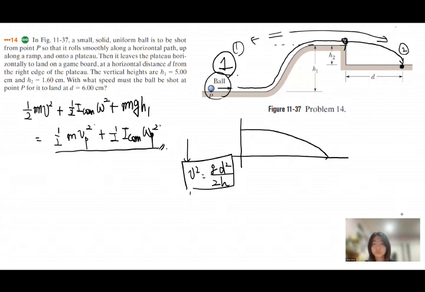So the travel distance from the starting point to the landing spot is parameterized with the initial velocity v in the horizontal direction. Because while this object has free fall in the vertical direction, that object itself has linear motion with the constant velocity v naught, x equals v naught t.